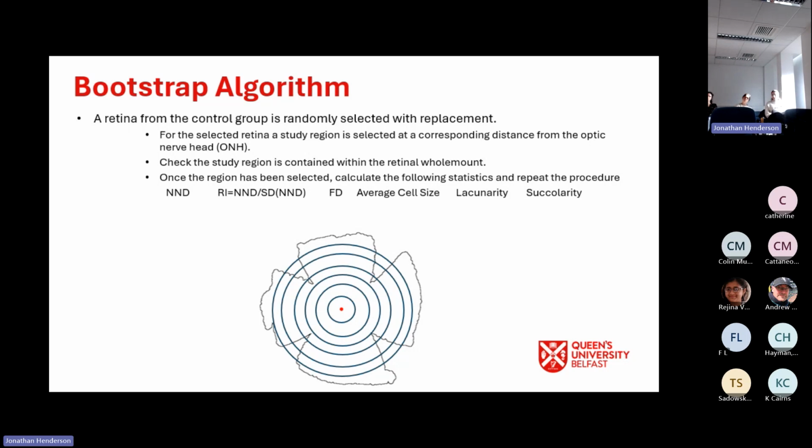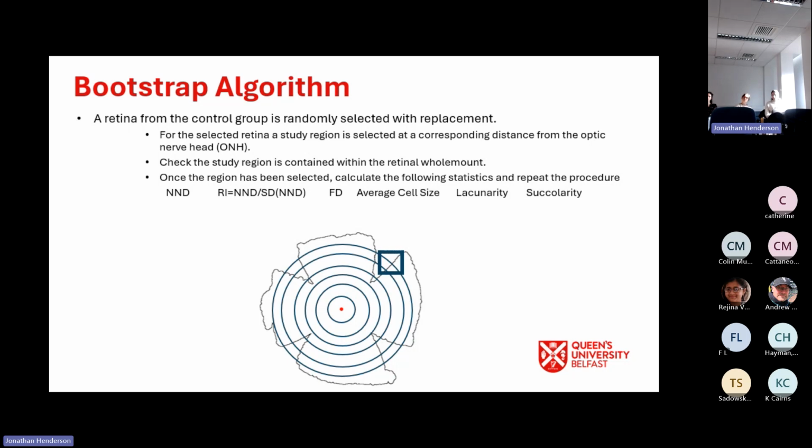And then we need to check that our study region is actually in the retina, because it's the whole mount, they can sometimes have it half in, half out. So we need to check firstly that the pattern is actually in our study region, and if it's not, we'll repeat the process. The same thing occurs if we don't have enough points in our pattern.